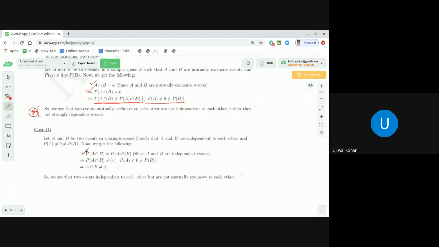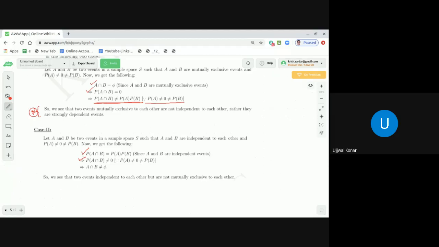Now, as probability of A is not equal to 0 and probability of B not equal to 0, that means probability of A into probability of B is not equal to 0. Eventually, it means that probability of A intersection B is not equal to 0. Now, dear students, if probability of A intersection B is not equal to 0, that means what?